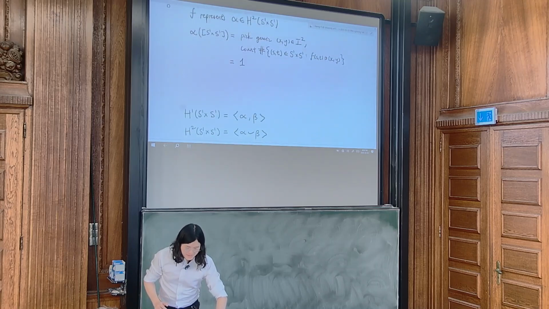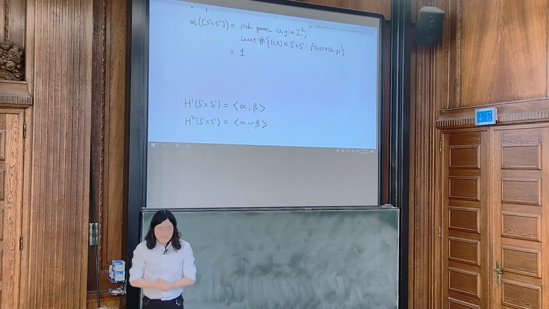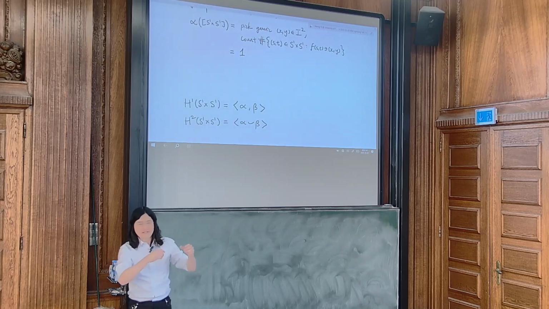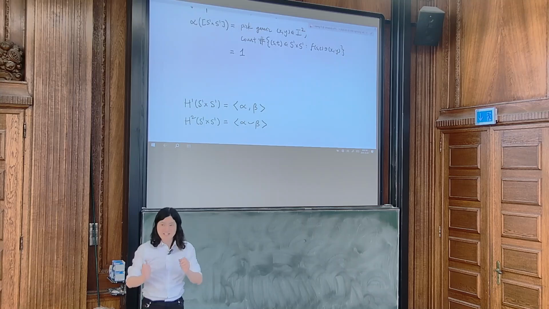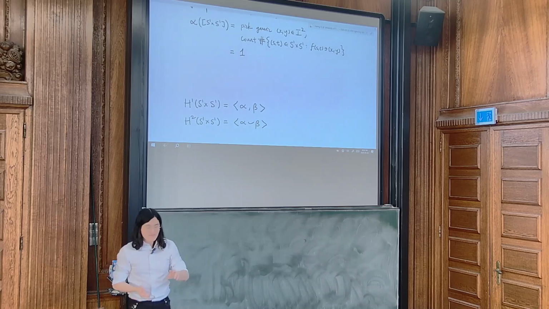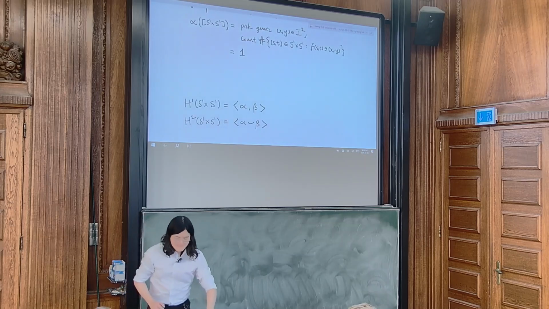So I'm just going to point out a little pattern here. One thing we know about the cohomology of the torus is that the first cohomology has 2 generators, coming from the 2 loops going in the 2 directions, and the cup product of these generators generates the second degree. So the cup product alpha cup beta generates the second cohomology of the torus.